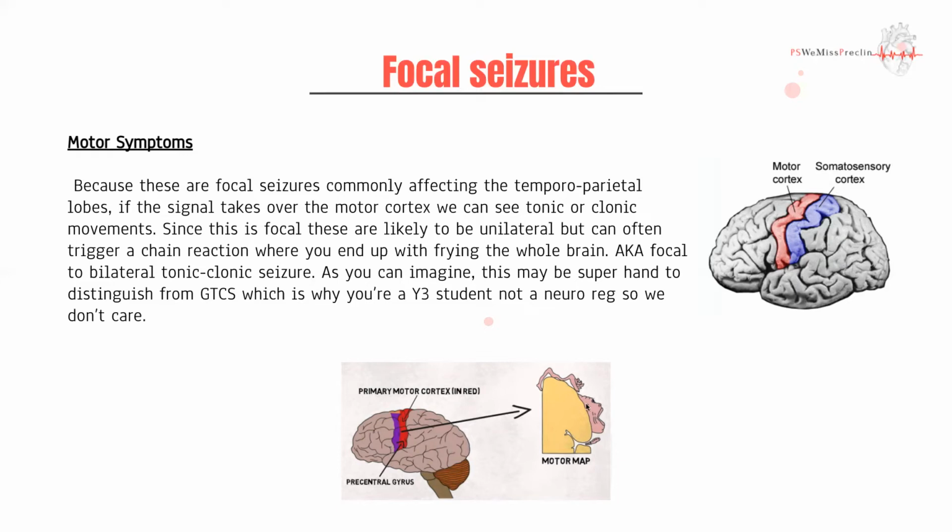So depending on which part of the brain is firing, you can have these motor symptoms in different parts. If most of the lateral parts are affected, you might present with twitching of the face, lip movement, hand flinging, and if it's the medial part, you might present with shaking legs or random contractions or tonic-clonic movement at the legs.